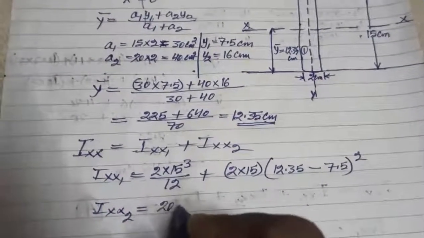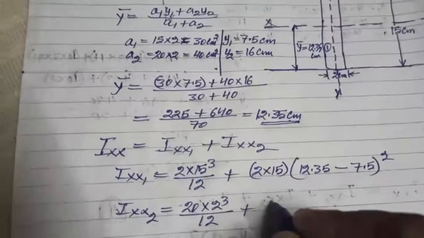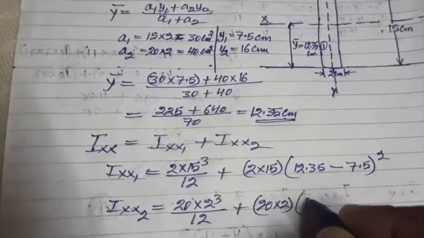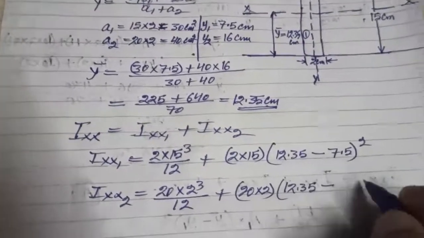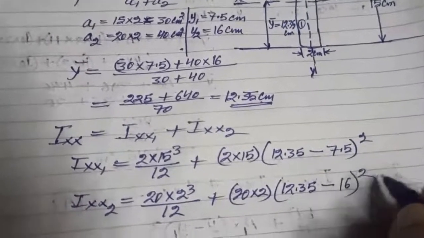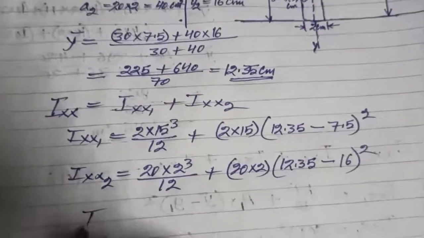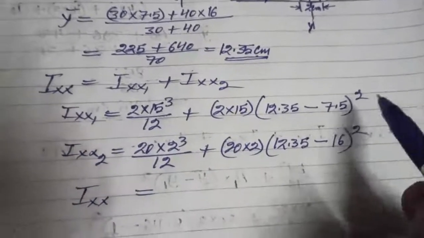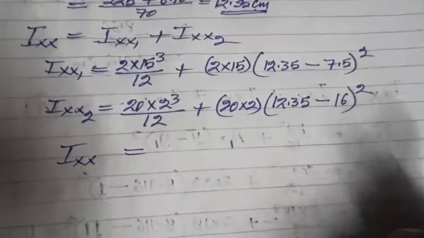And IXX2 is 20 into 2 cube divided by 12, plus 20 into 2 is the area, into Y bar 12.35 minus Y2, Y2 is 16, the whole square. So on calculating, on adding these values, we can find the value of IXX.